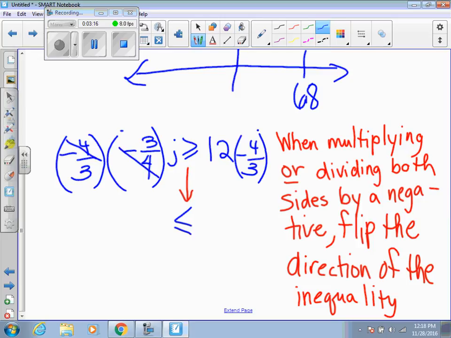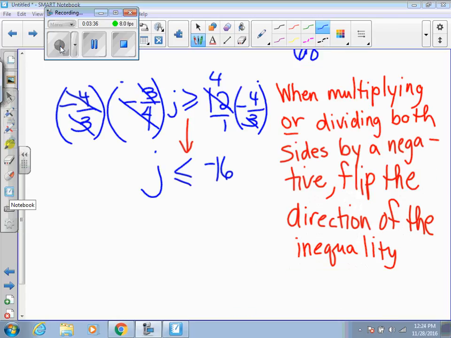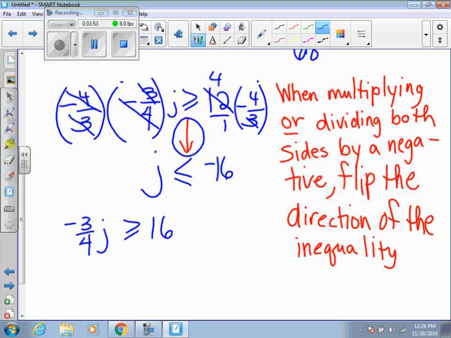And then, of course, this cancels with that, and I end up with J is less than or equal to negative 16. And note that I flip the direction of the inequality. A way to look at why we have to flip the sign if we're going to multiply both sides by a negative: well, if you were to take the original problem, negative 3/4 J is greater than 16, and we picked out a number because we flipped it.